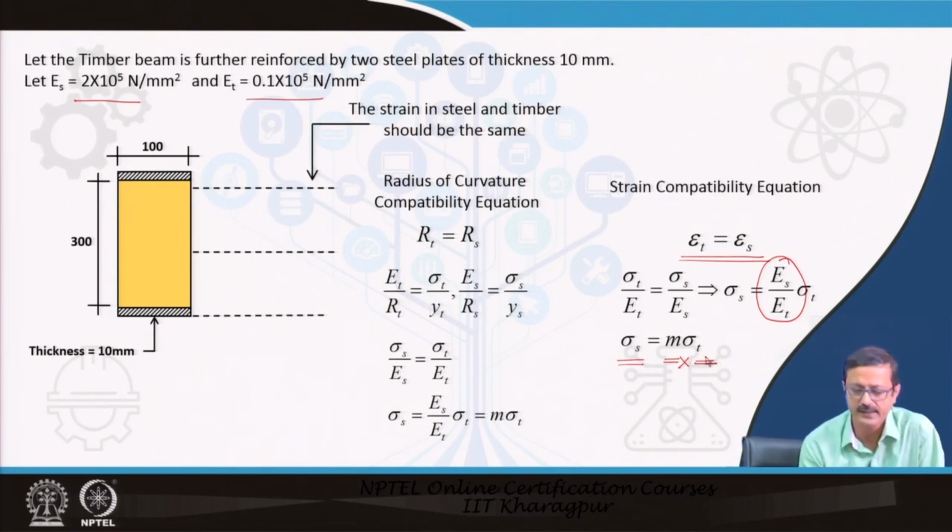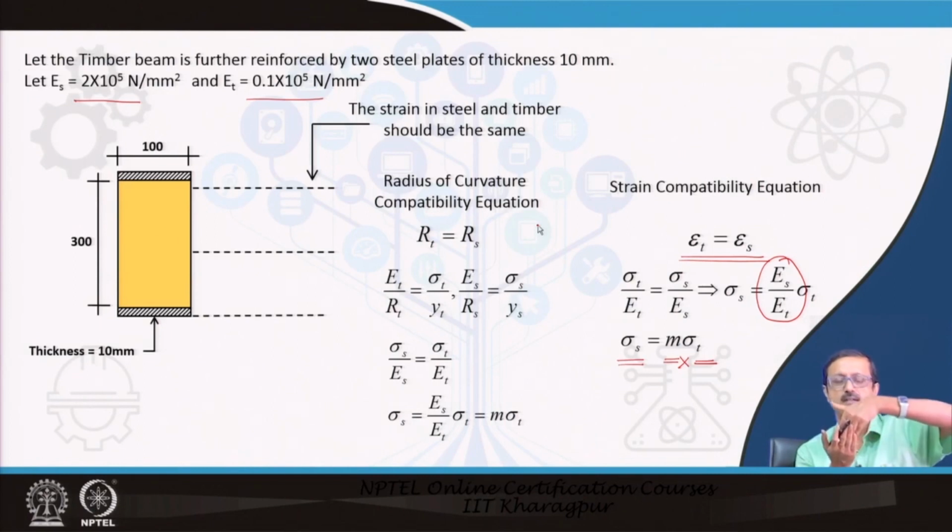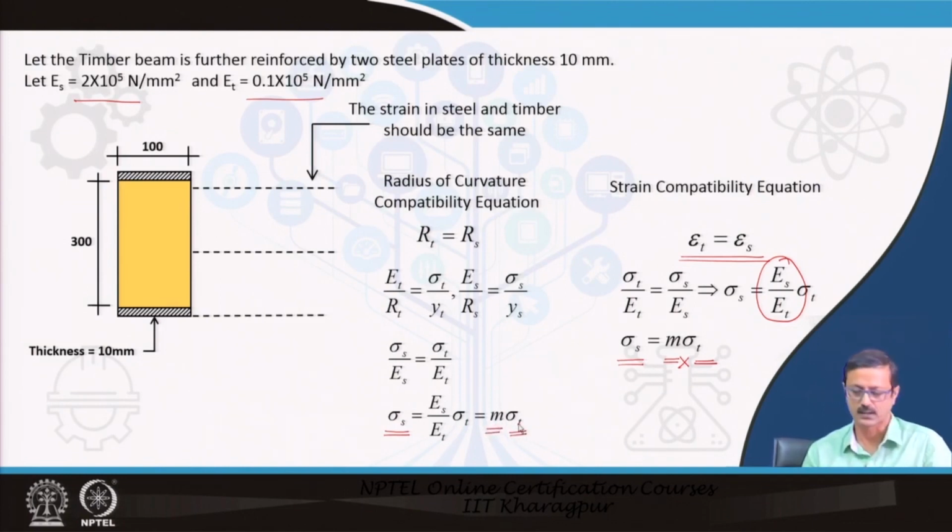If you go for the radius of curvature compatibility, because radius of curvature also has to be equal at these two interfaces of the timber and the steel, otherwise one will slip with the other. So, in that also we can say that the stress in steel is equal to the modular ratio into the stress in timber.